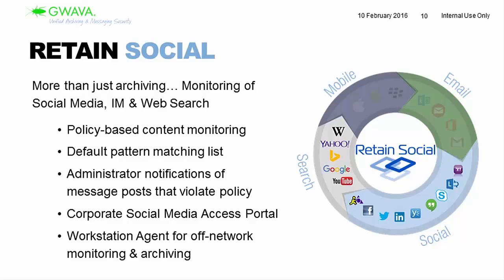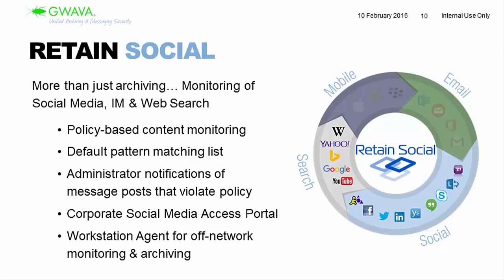So if you have certain keywords that you don't want people to post, or things that you don't want them to say, or information that's sensitive or illicit information or inappropriate communication, that can all be blocked. And that goes for the types of platforms that you see here: Facebook, Twitter, LinkedIn, and Yammer, along with instant messaging of AOL, Yahoo, Link/Skype for Business, and Google Hangouts.